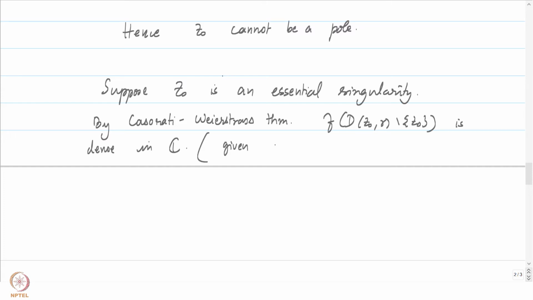Given W in C, there exists a sequence Zn converging to z0, a sequence converging to the singularity, such that f(Zn) converges to W. In fact, this is a stronger statement than demanding that f of D(z0, R) minus z0 is dense. The exact equivalent statement would be that for any epsilon positive, where epsilon is less than R, f of D(z0, epsilon) minus z0 is dense in C. That will be the equivalent of whatever is written inside the bracket here.